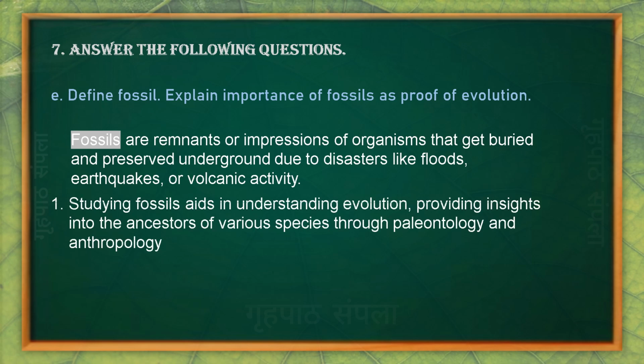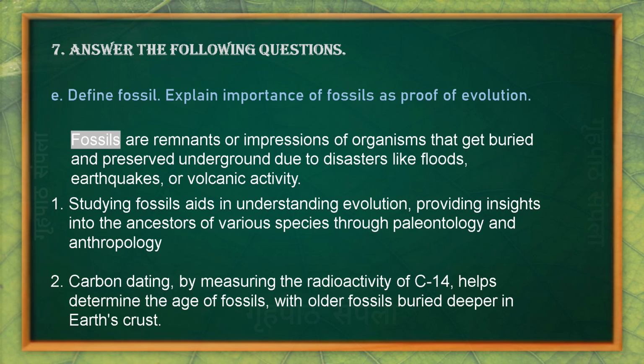Studying fossils aids in understanding evolution, providing insights into the ancestors of various species through paleontology and anthropology. 2. Carbon dating by measuring the radioactivity of C14 helps determine the age of fossils, with older fossils buried deeper in Earth's crust.